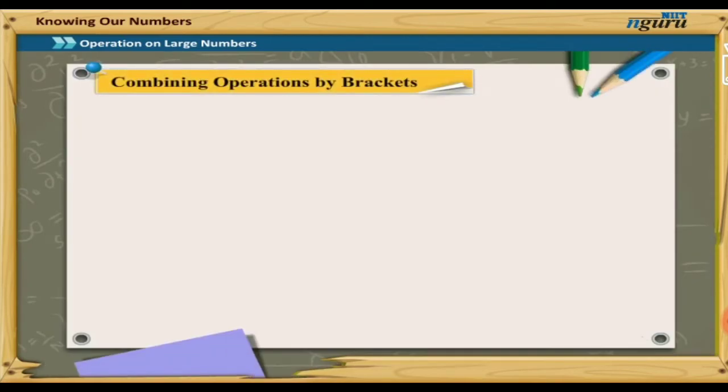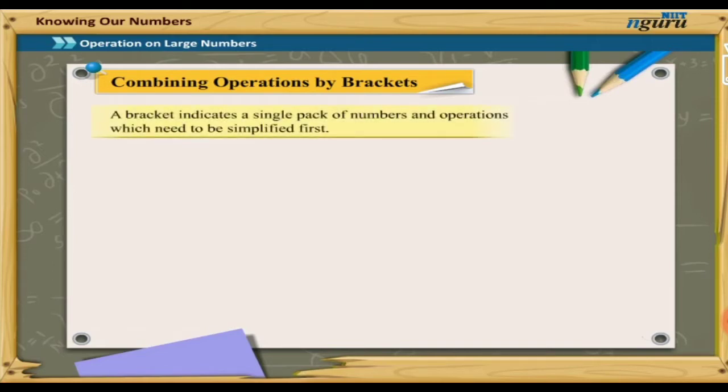When we combine 2 or more mathematical operations together, we need to specify clearly which operation needs to be done first. We do this by using brackets. A bracket indicates a single pack of numbers and operations which need to be simplified first.